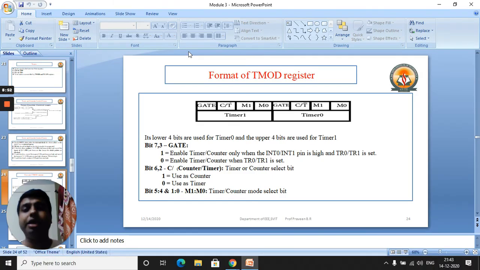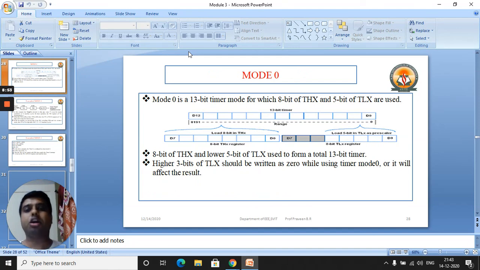TMOD register plays a very important role because in all the programs we write, whether it is an assembly language program or any other program, the function of TMOD is very important, wherein it says which timer we are using and which mode we are operating. All those things play a very important role.